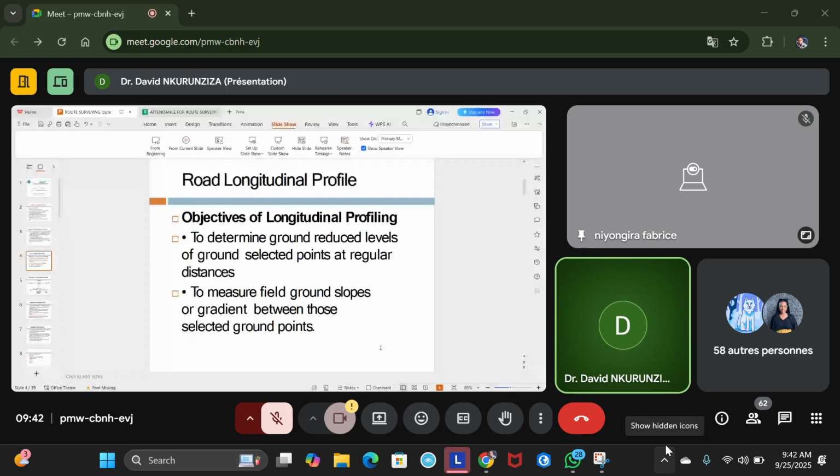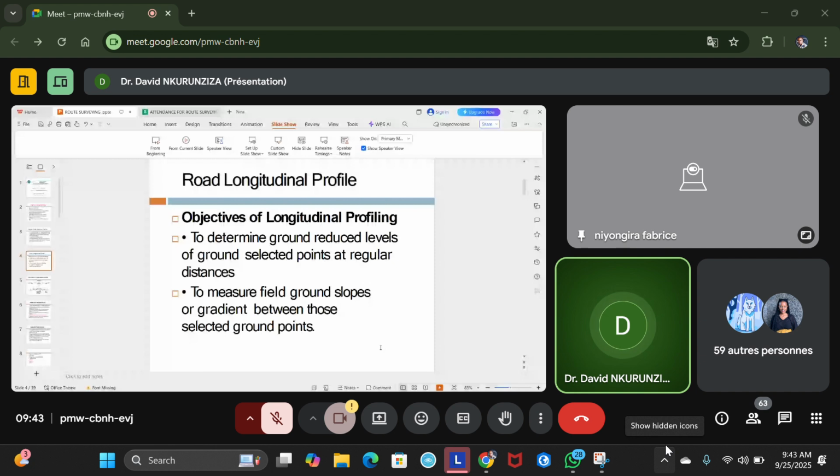A road longitudinal profile is the road element that is defined to describe the elements of the road along the length of the road, from the start to the end of the road.